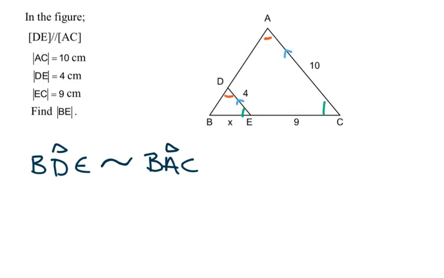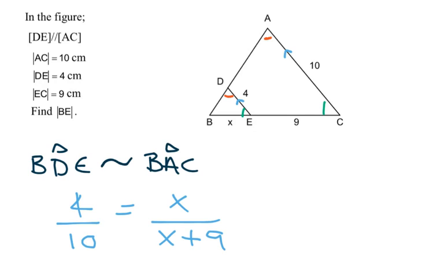So if these two are similar triangles, how can we find BE, which is x? Well, we're going to use our proportional corresponding sides. So we know 4 over 10 must be equal to x over, now what do you think it's going to be here? A classic mistake would be to see that 4 over 10 is equal to x over 9, but actually it's going to be x plus 9.